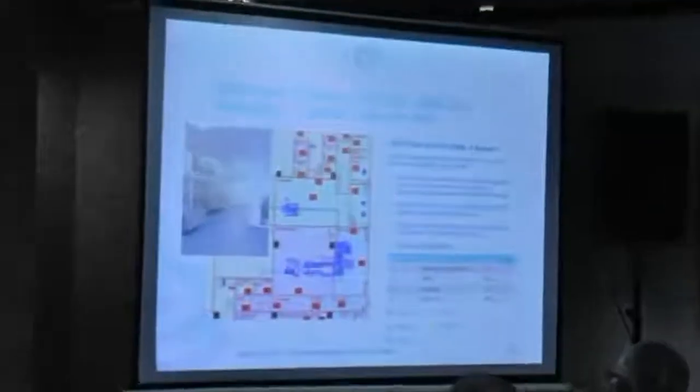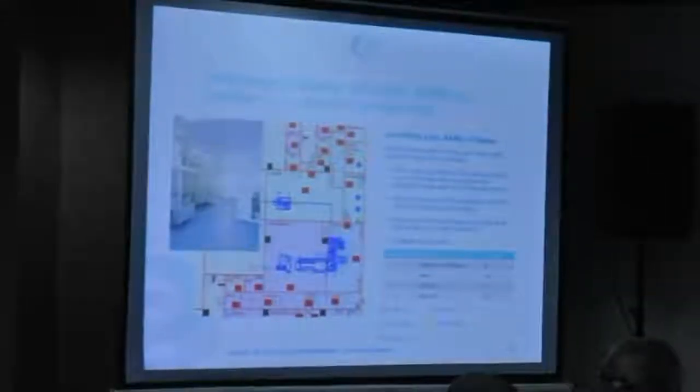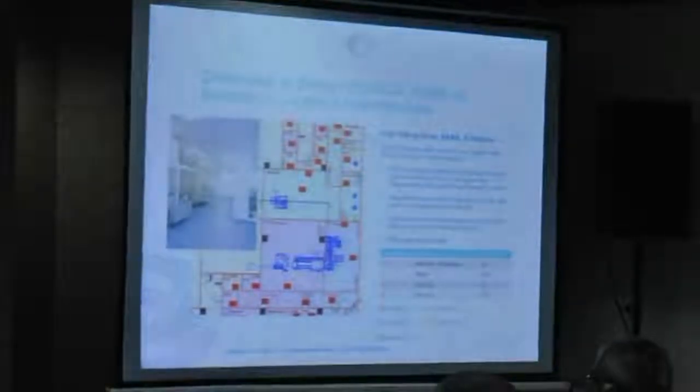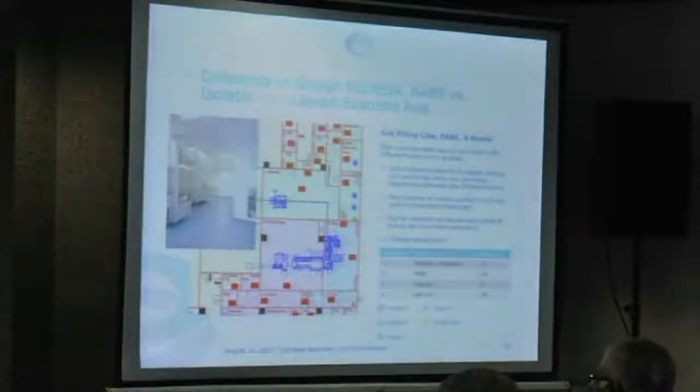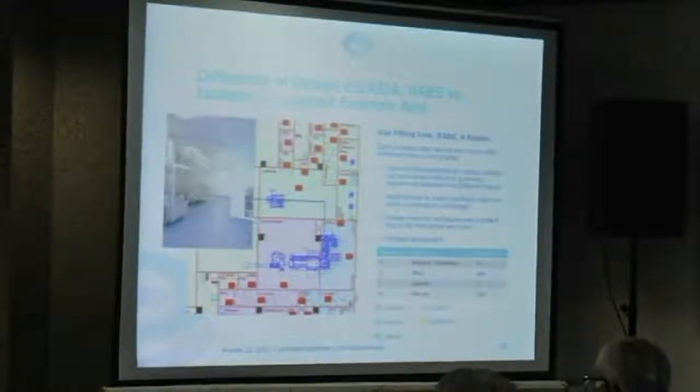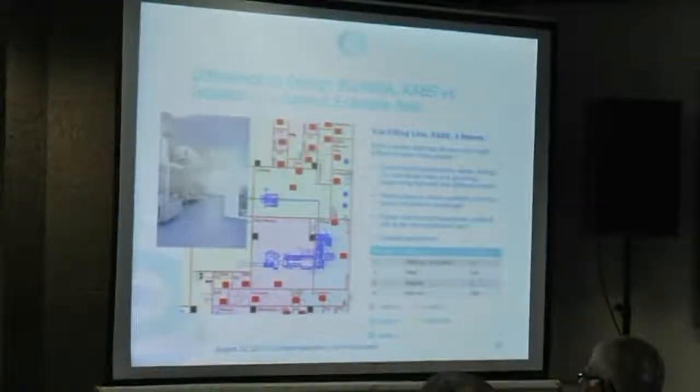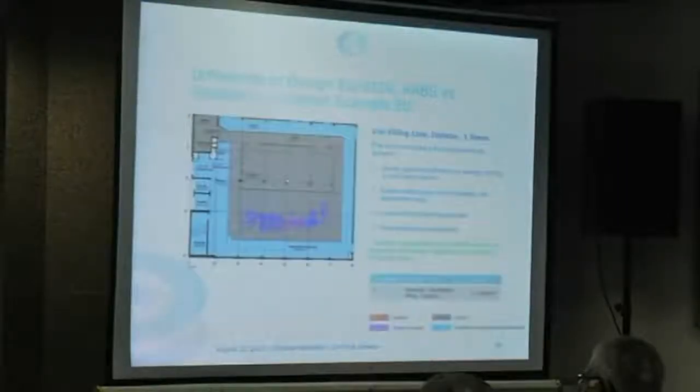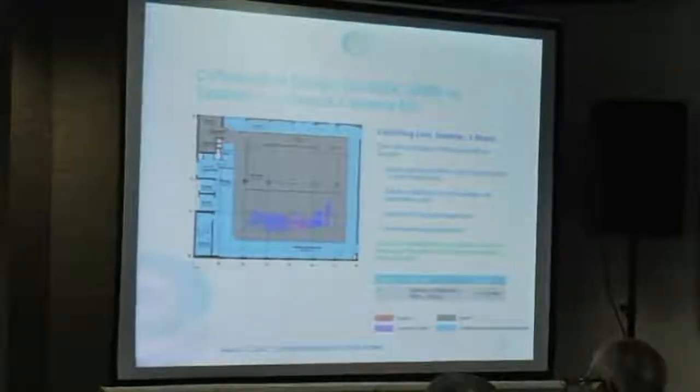And one of the biggest differences is the isolator. We are working mainly with isolators rather than RABS, and you can see on the next page why. Let's say for this sterile liquid filling facility, we need around 10 rooms, 3 different room grades, and a lot of space. When we compare this with a European one, we have 1 room, C grade, and everything is in the same room.